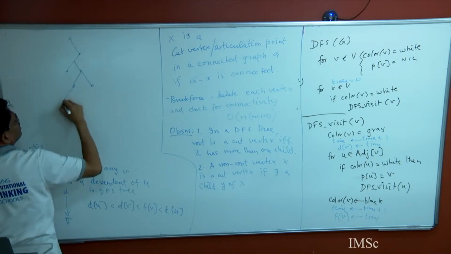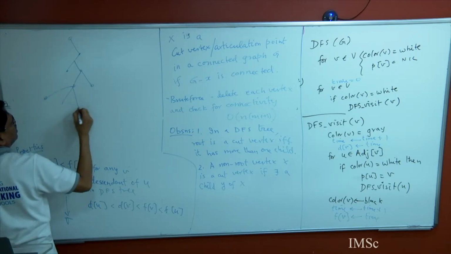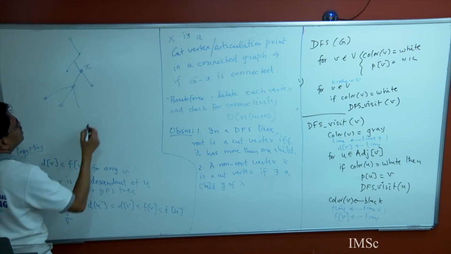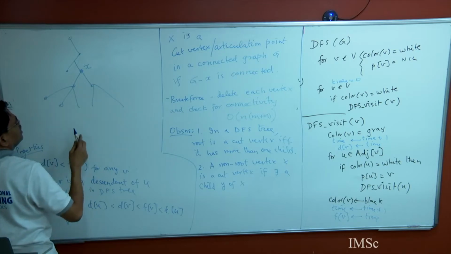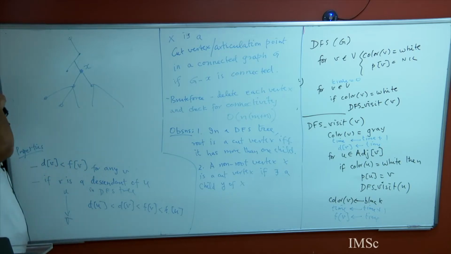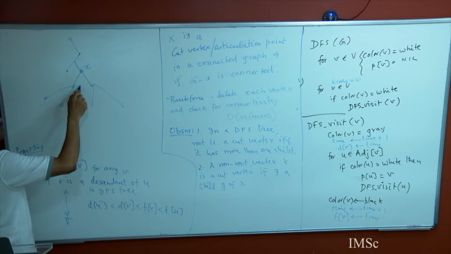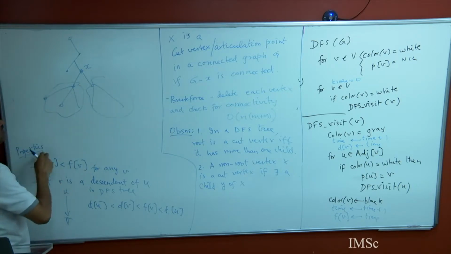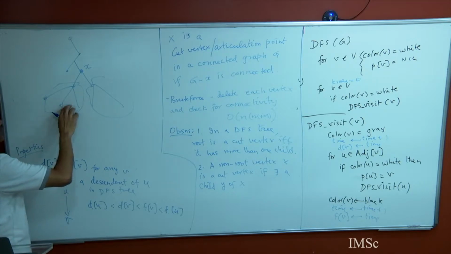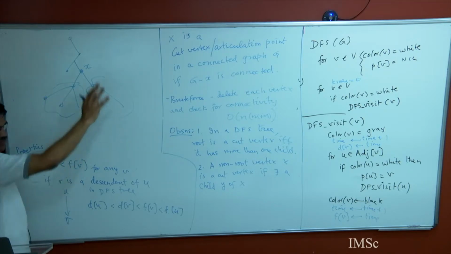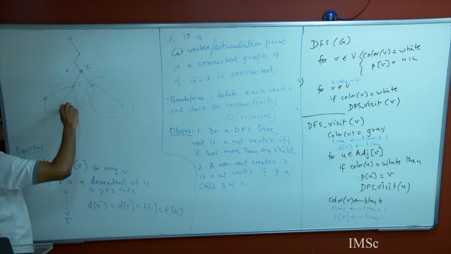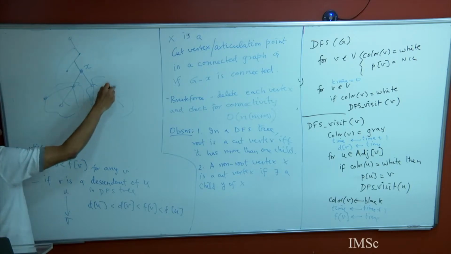So I claim that X being a cut vertex means, let's apply the same logic as we did for the root. This component and that component have no edges between them, just as we argued. But they could still be connected even if you delete X, if there is some edge going like this.